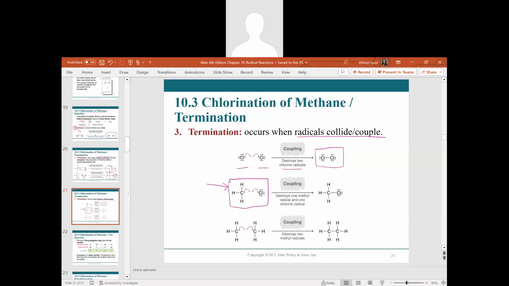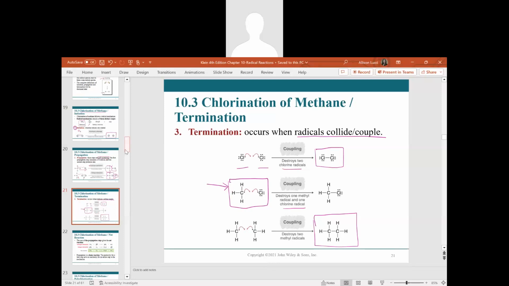So we have a methyl radical and a chlorine radical, but we destroy these radicals through this coupling reaction, and then we have no longer those radicals existing to continue to propagate that reaction. Our last example of termination is when we end up with ethane as our product when 2 methyl radicals combine in a coupling reaction.